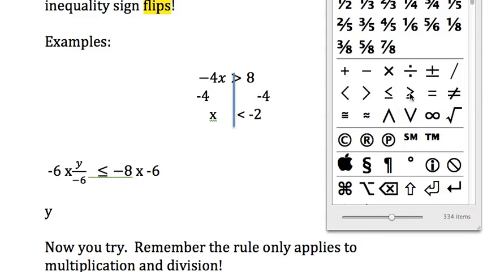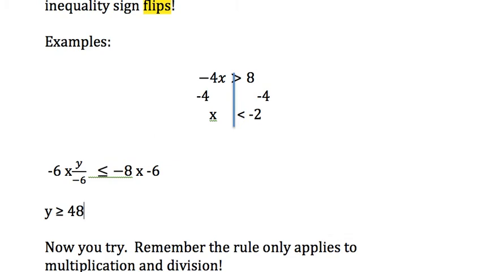So let's find that sign. Y is greater than or equal to -8 times -6, which is positive 48. So again, nothing changes except for when we multiply or divide by a negative number, we're going to flip our sign the other direction.